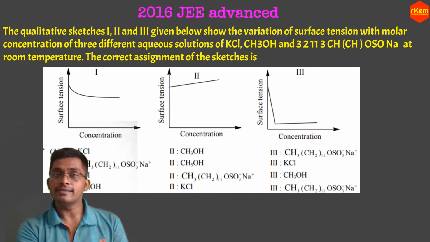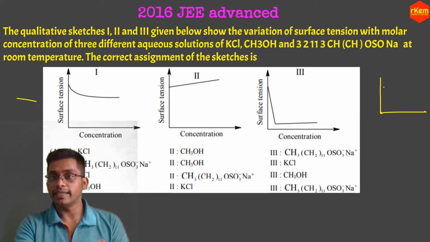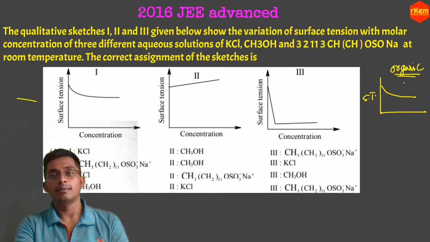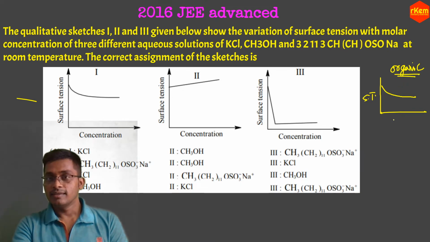In this particular question, you should know the surface tension changes for organic molecules. It always decreases as concentration increases. This is for any organic molecule with lower molecular mass.